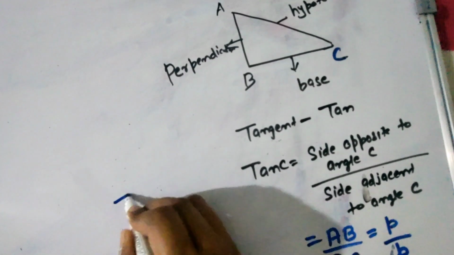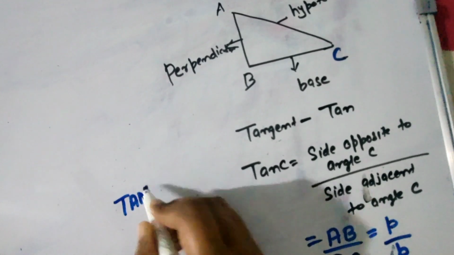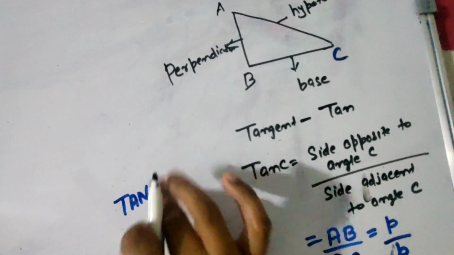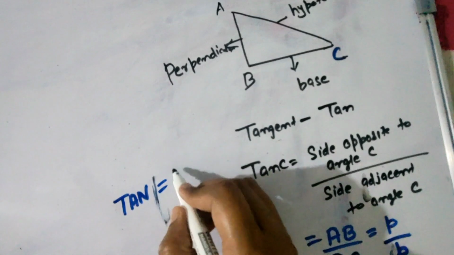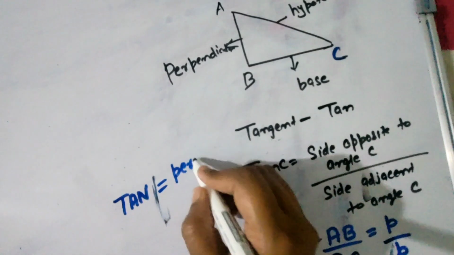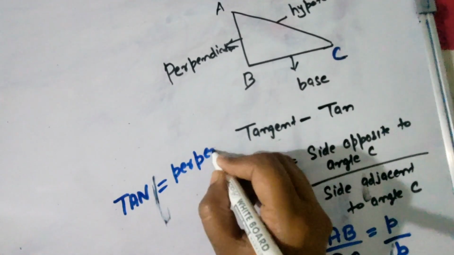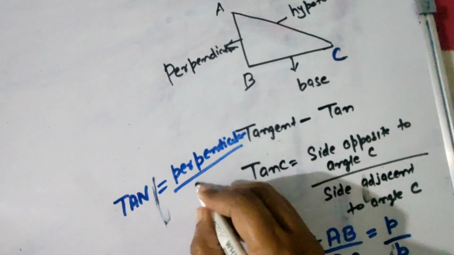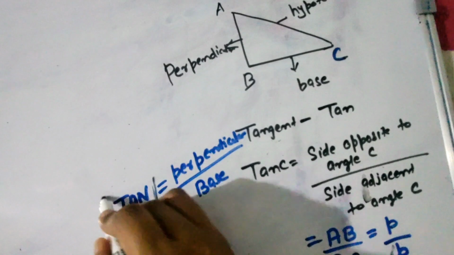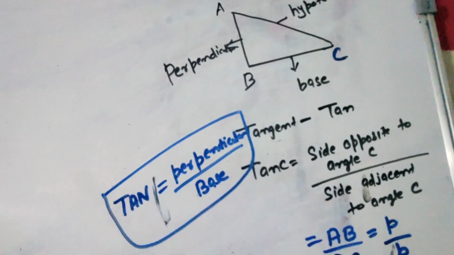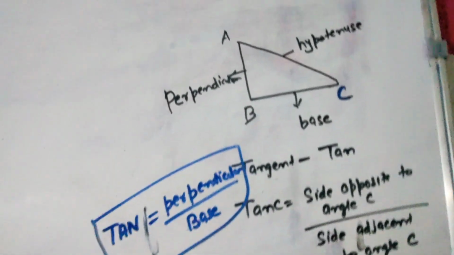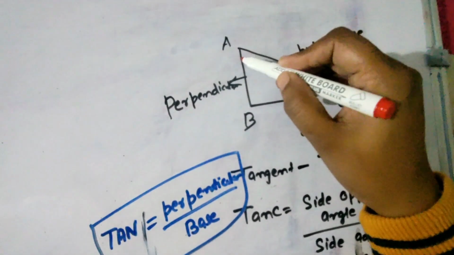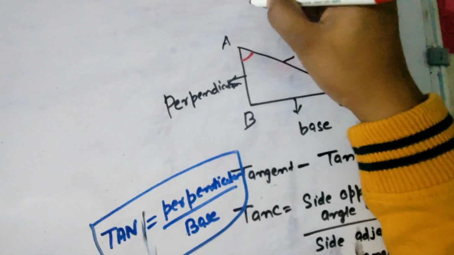Then tan formula is what? Any tan formula is perpendicular by base. This is the tan formula. Perpendicular by base. If you go for a different angle, here I measure A, here write tan A.